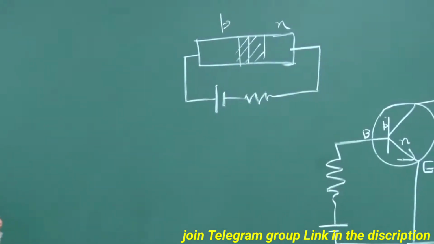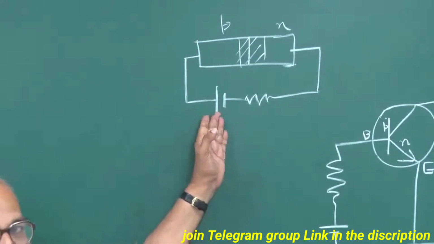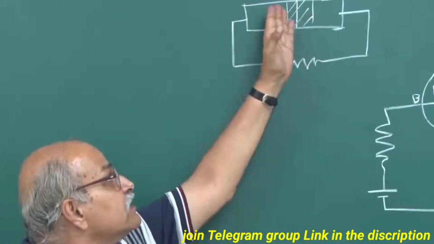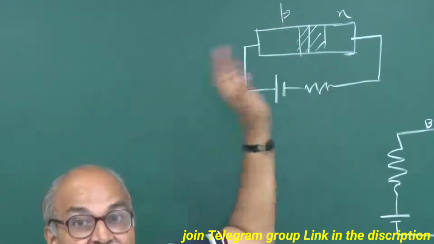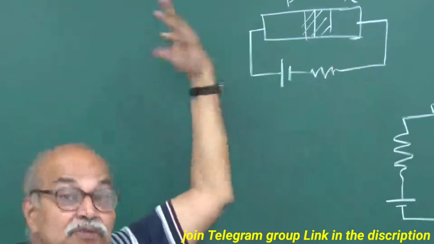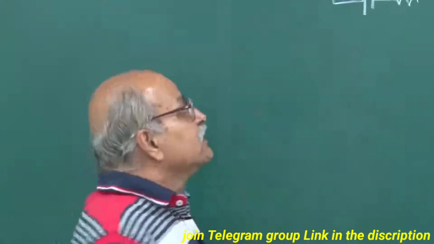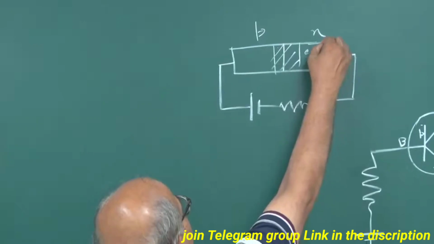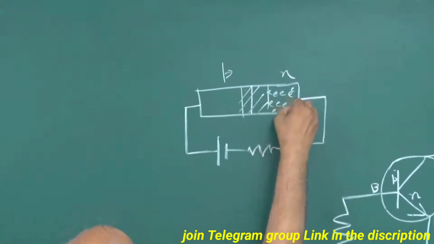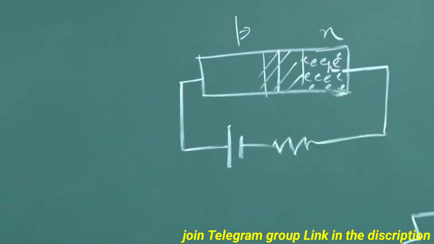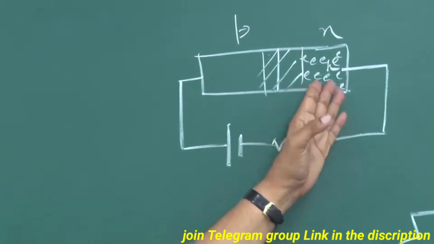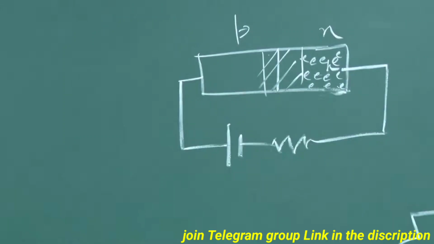So, what happens? Because of this biasing, the potential barrier decreases, and because of the large concentration gradient, majority carriers from both sides diffuse to the other side. Okay? So, if you have a large number of electrons here, free electrons, conduction electrons, and a small number of holes here, the majority carriers, once that barrier is reduced, diffuse to this side, where they are minority.